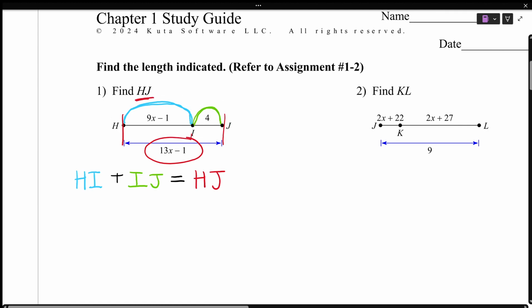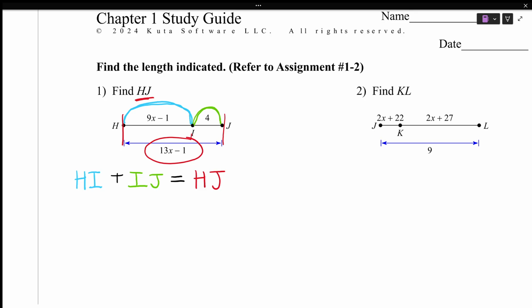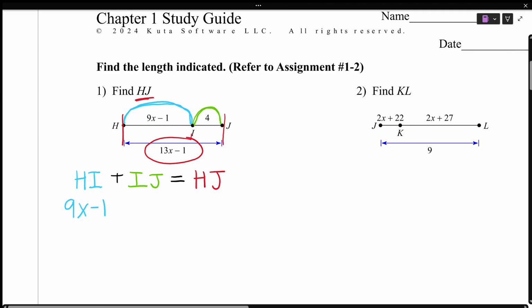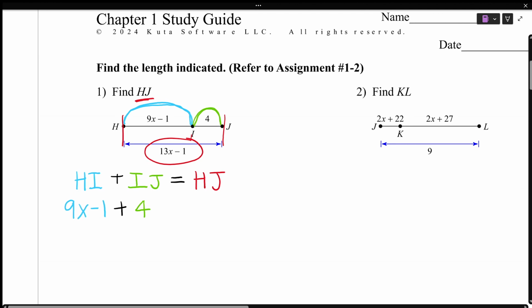This is the segment addition postulate. So we know HI is 9x minus 1, so I'm going to plug that in, plus IJ is just 4, and equals HJ, which is 13x minus 1.